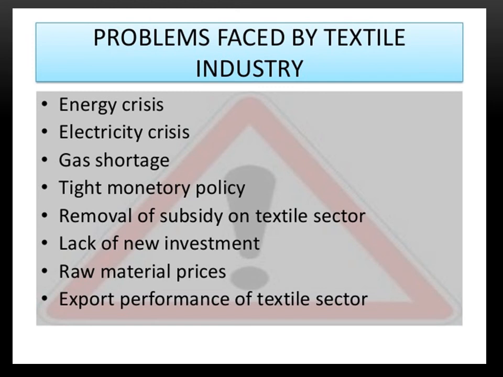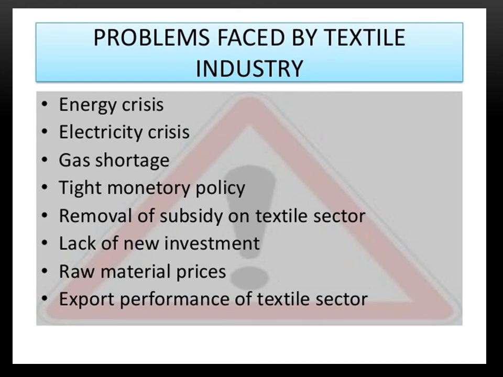Then the prices of the raw material are increasing. The export performance of textile sector is not good, so it requires more capital and investment. International restrictions on Pakistan's export due to child labor and environmental issues to reduce cotton export.